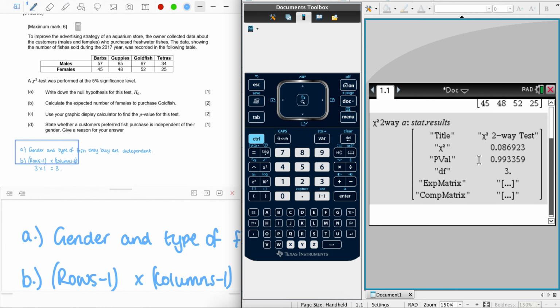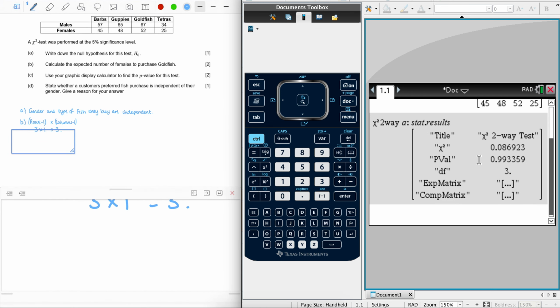So we can put that in here: 0.993359. So that's my p-value.